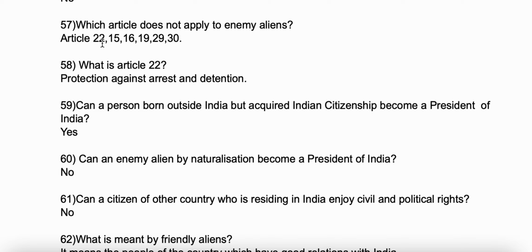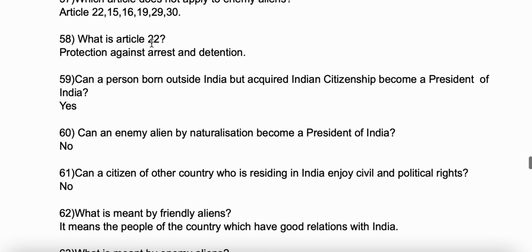It is protection against arrest and detention. 15th is the right against discrimination on 5 grounds. 16th is employment. 19th is about the right to freedom of movement, speech, expression and all. Article 29 is cultural rights. Article 30 is educational rights.